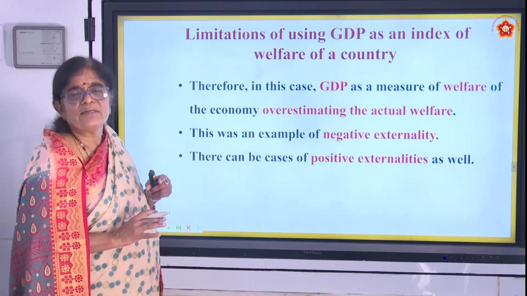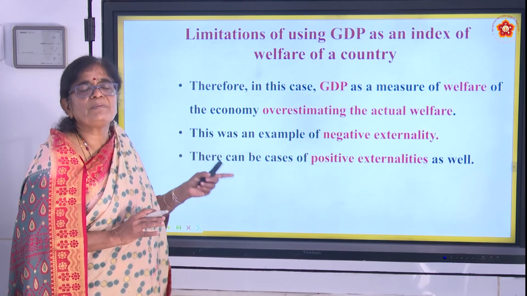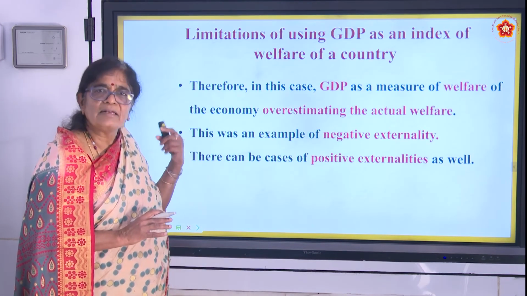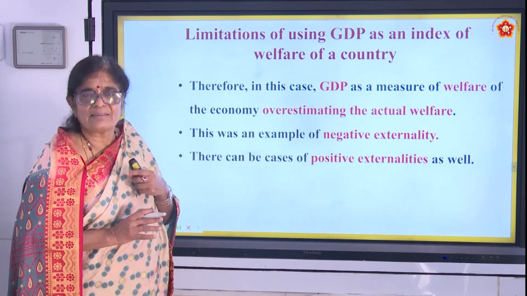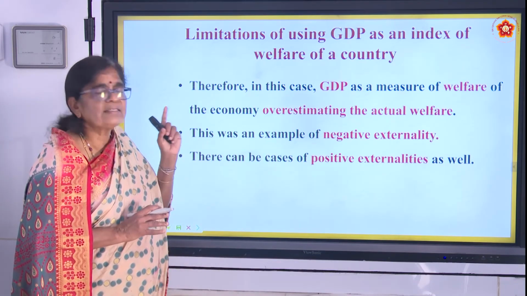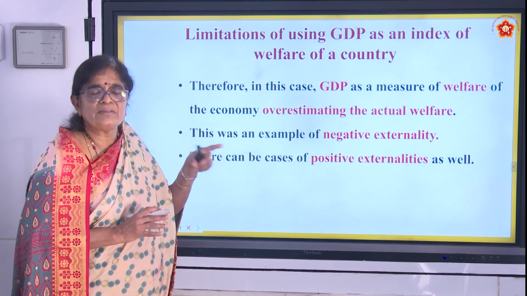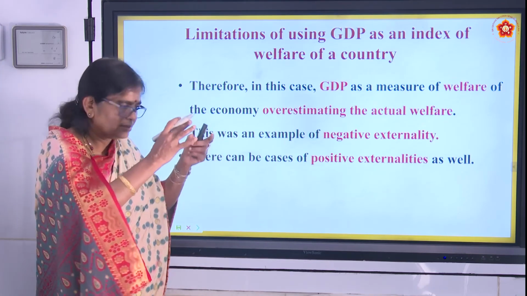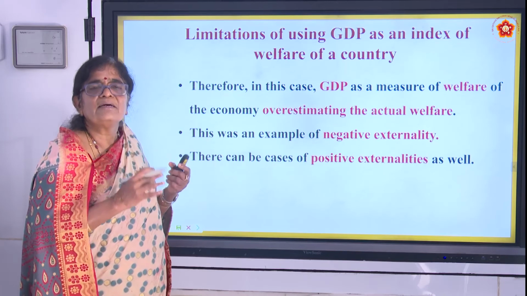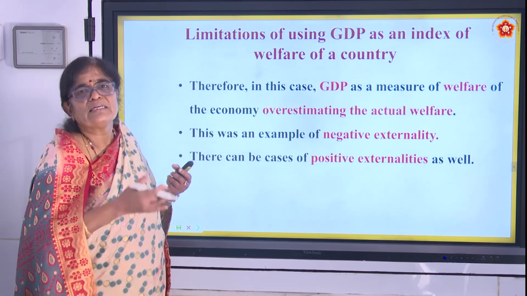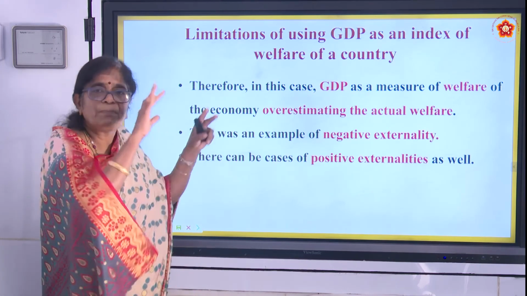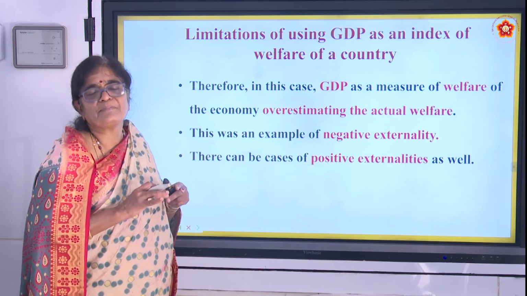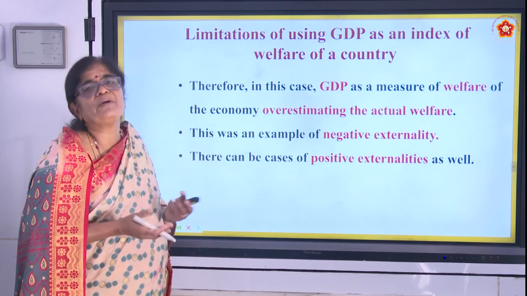In that case, the people surrounding that garden are not paying for whatever benefits they are getting from it. Only the gardener, the owner of that entire horticultural estate, gets some revenue by selling the flowers in the market. But at the same time, all the people surrounding the garden get so much benefit.